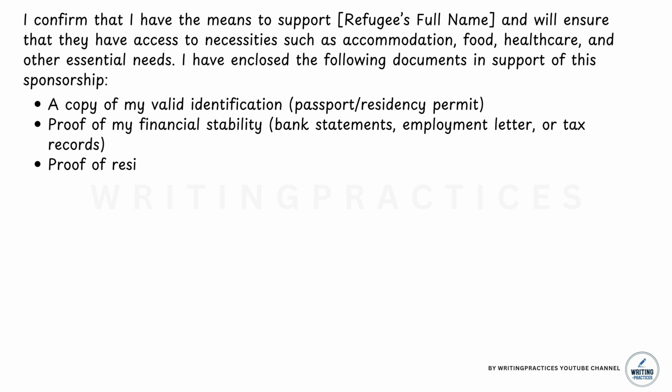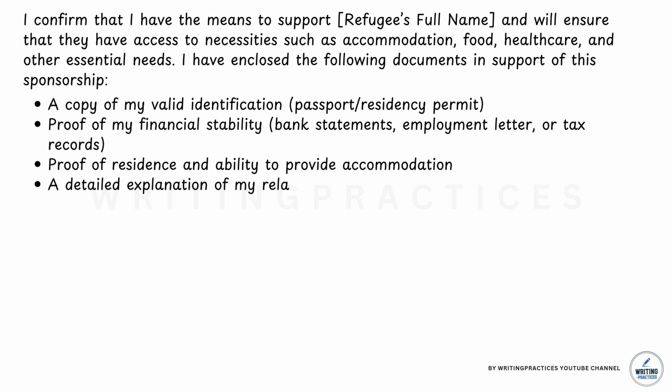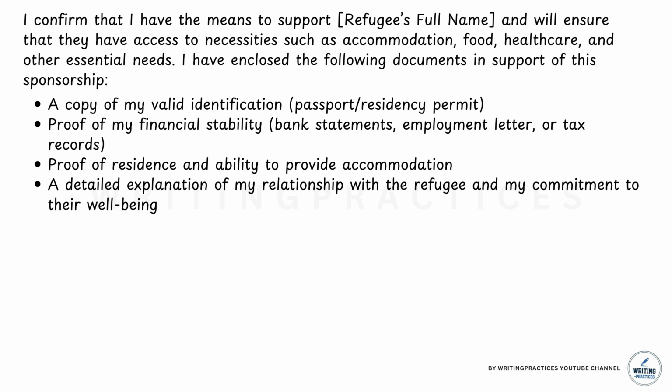For example, I confirm that I have the means to support Ahmed Hassan and will ensure that he has access to necessities such as accommodation, food, healthcare, and other essential needs. I am fully committed to assisting him throughout the resettlement process to help him integrate into society successfully. This paragraph reassures officials that you understand the responsibilities of sponsorship and that the refugee will be well taken care of.